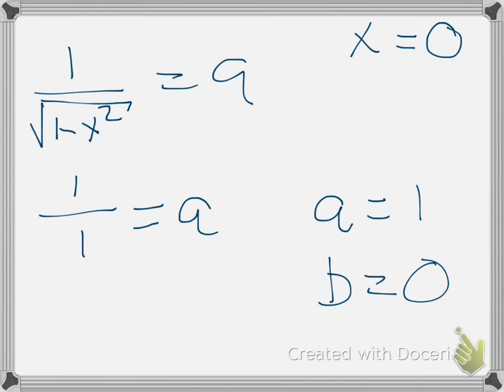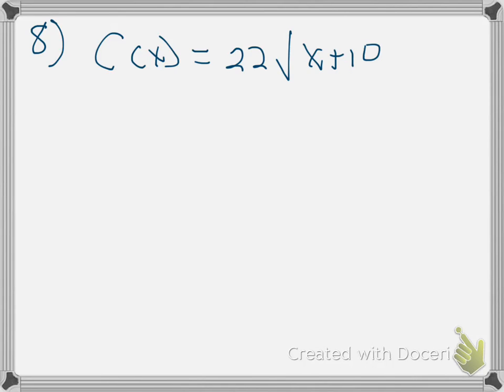Let's move on to number 8. Number 8 is the cost of producing x units, and it's given by this cost function. C of x equals 22 times the square root of x plus 10.